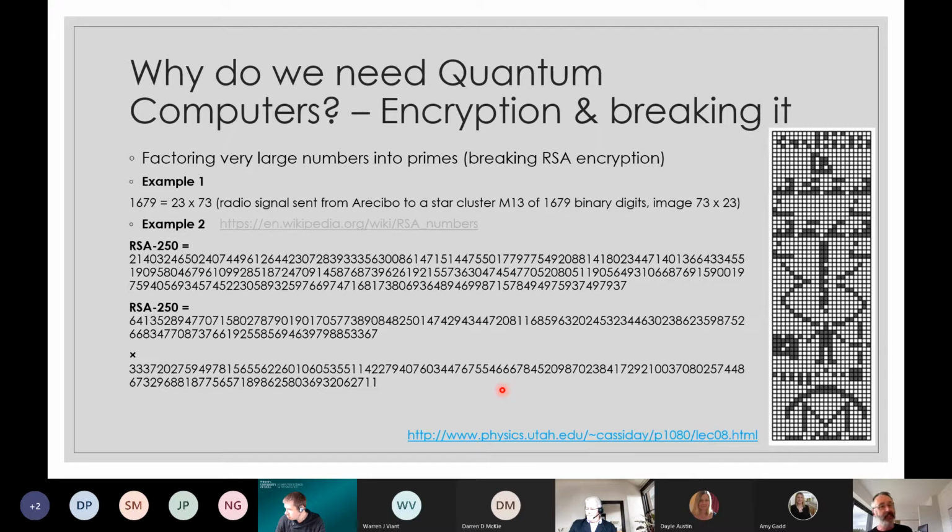So something that might have taken months, even years, could potentially be done in hours or even minutes. So there is a real potential there for breaking the encryption system that basically runs the world for us.